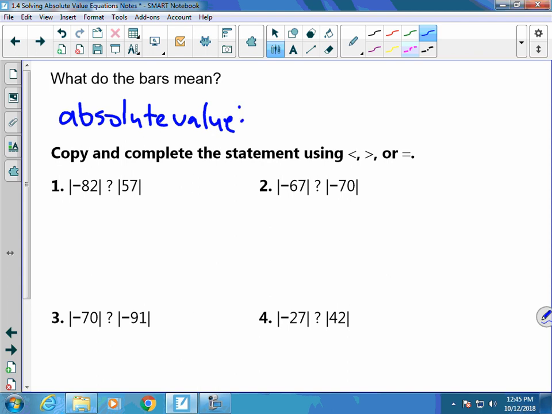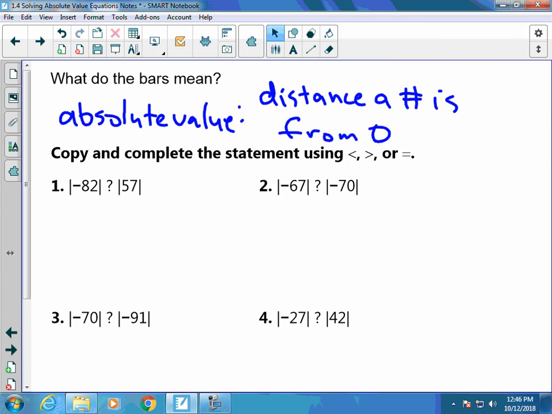They think that the absolute value just means I take the sign off that number. And that's not really a great understanding of what it is. The absolute value actually represents the distance a number is from 0. Distance a number is from 0.